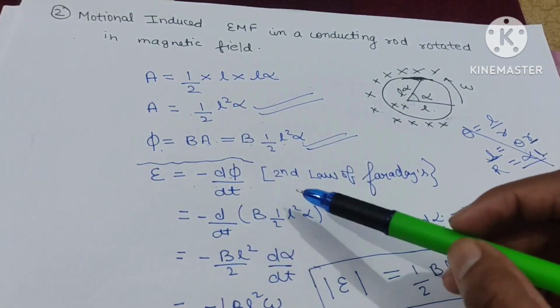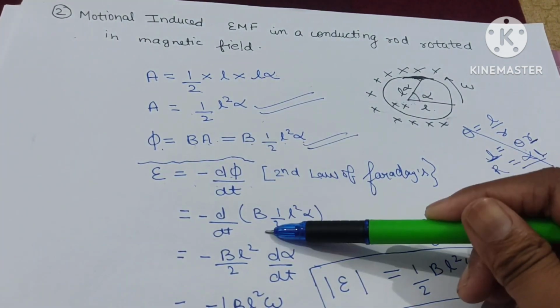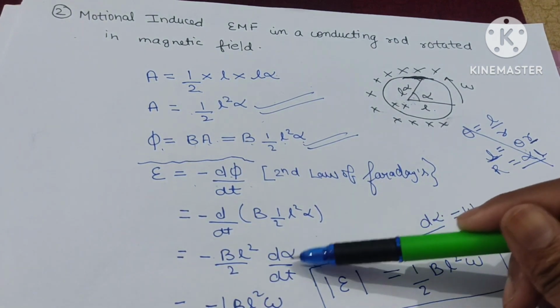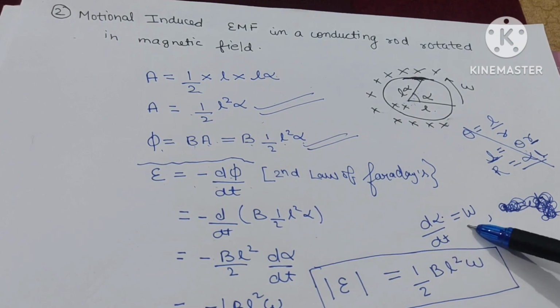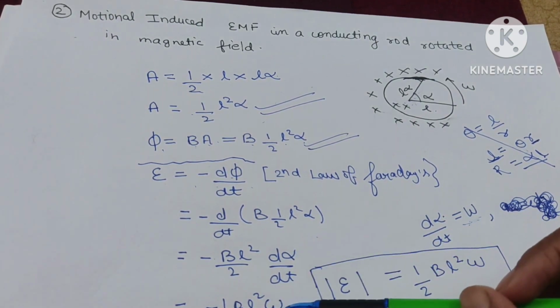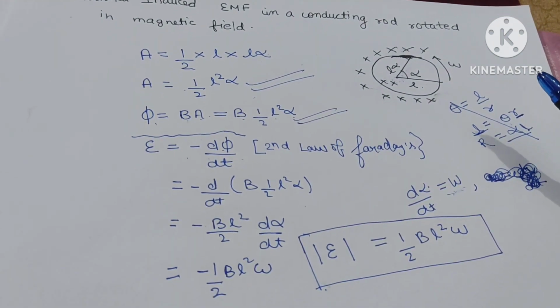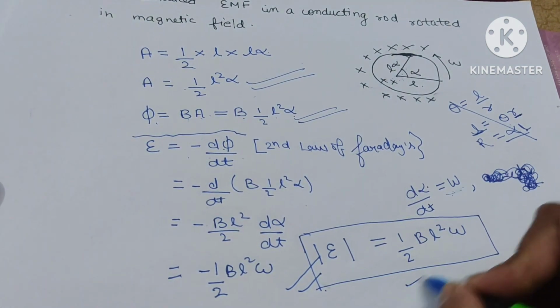Putting the phi value here, it is minus B L square by 2 d alpha by dt. What is d alpha by dt? It is omega. So we put omega here and take the mod, and it becomes this. So this is the final derivation.